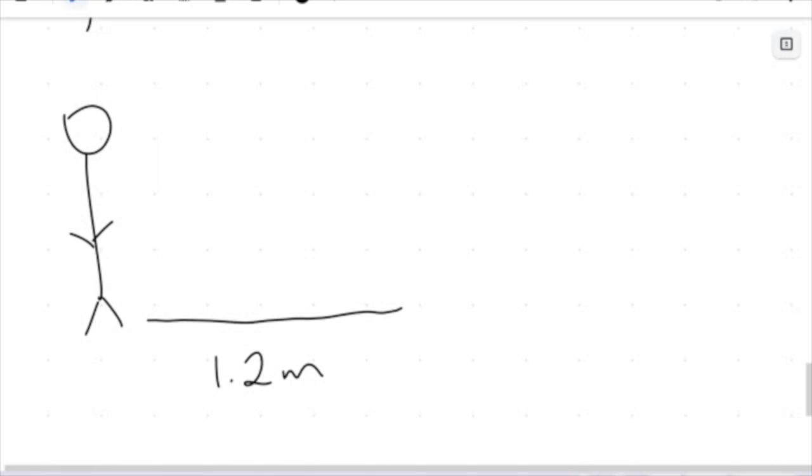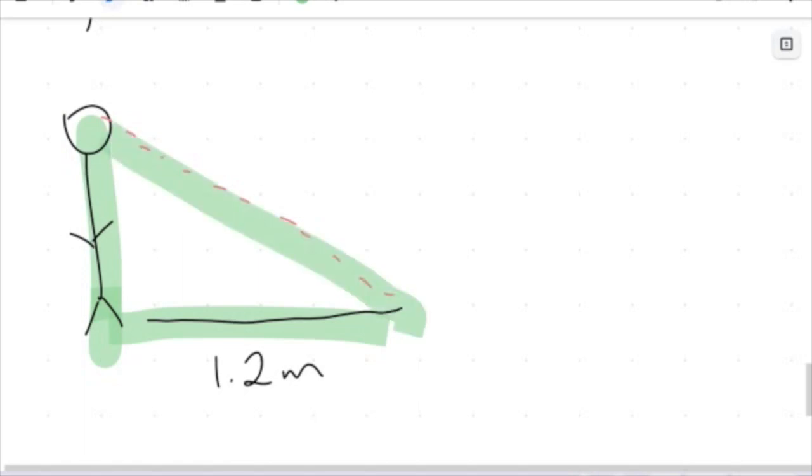And let's do this in another color. I can see that with my weirdly drawn Chris with a long neck, looks a bit weird, but his height with the horizontal ground with just some imaginary length between this point on the end and the top of his head makes a triangle.